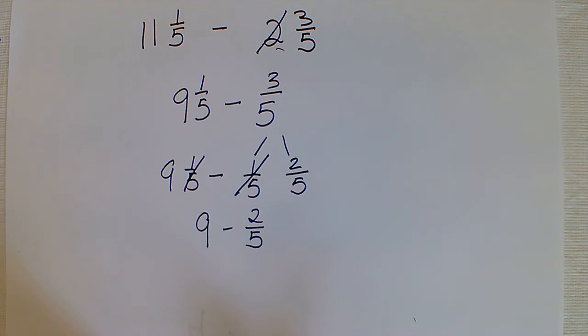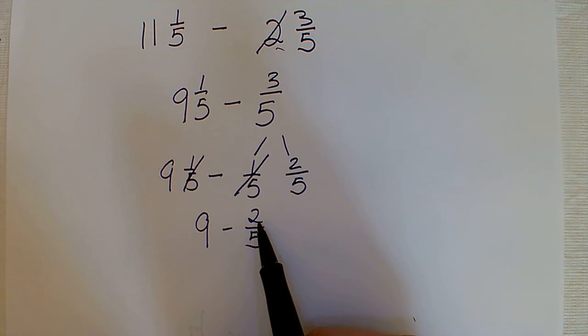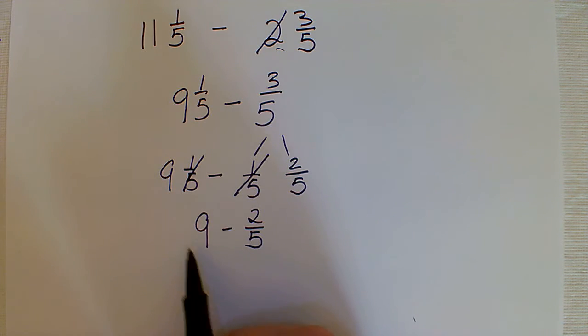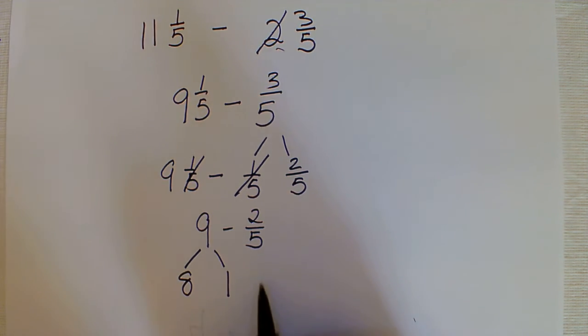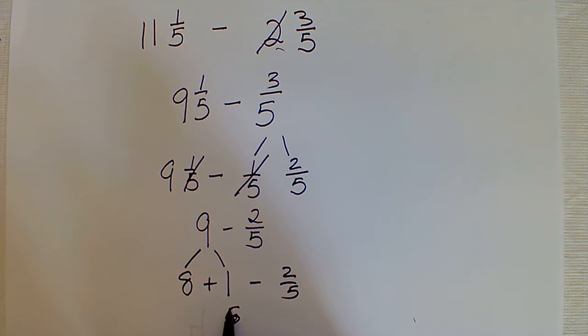And now I can't just subtract this. I need to get common denominators again. So I'm going to decompose that 9 into 8 and 1 minus 2 fifths. And it's 8 plus 1 minus 2 fifths. But instead of 1, let's make that 5 fifths.